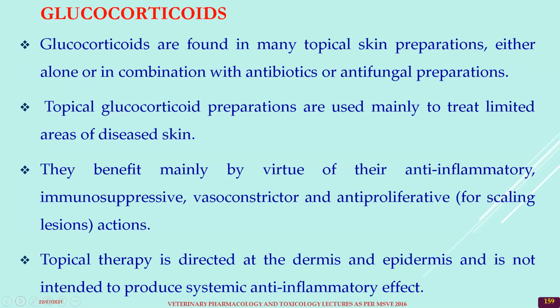So they benefit mainly by virtue of their anti-inflammatory, immunosuppressive, vasoconstrictor, and anti-proliferative action for scaling lesions. But they need to be used carefully because they are directed at the dermis and epidermis and are not intended to produce a systemic anti-inflammatory effect.